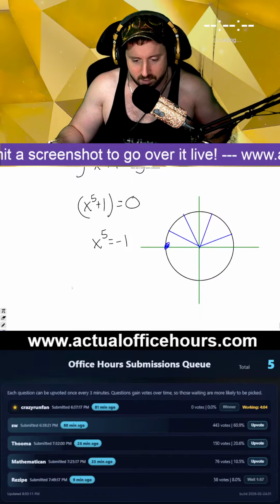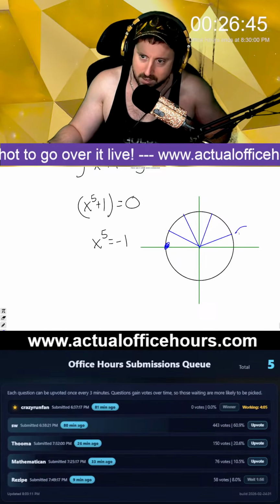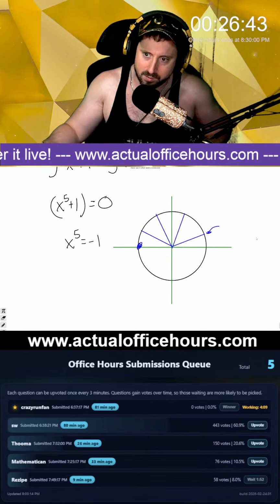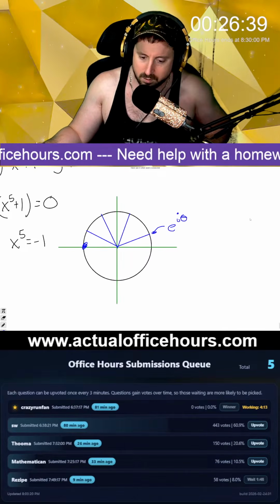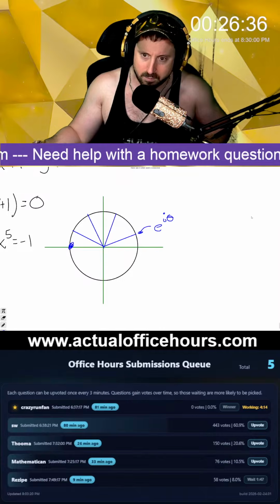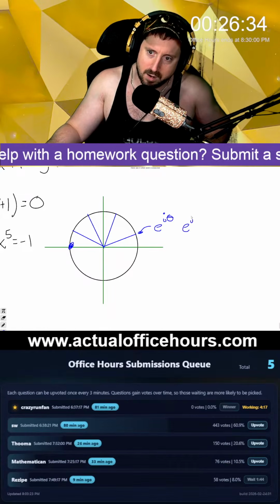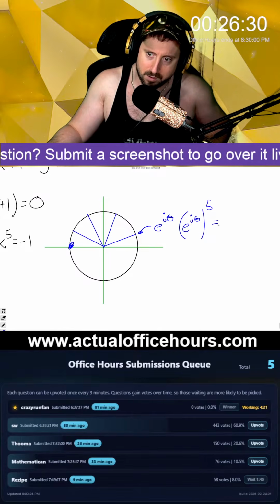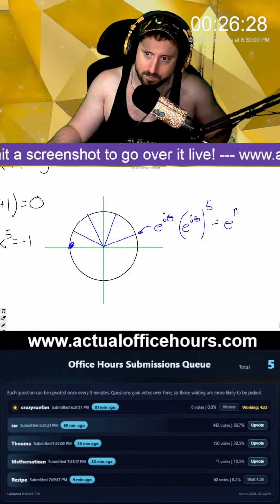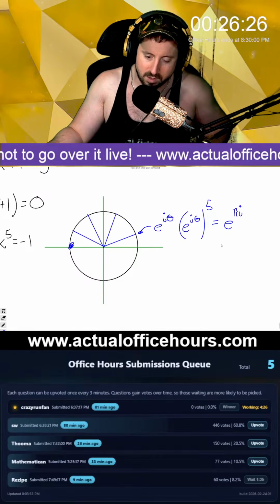The way I see it, well, let me just think here, right? So I can represent this as e to the i theta, right? Mm-hmm. And so e to the i theta to the 5th needs to be equal to e to the pi i. Is kind of what we're saying, right?